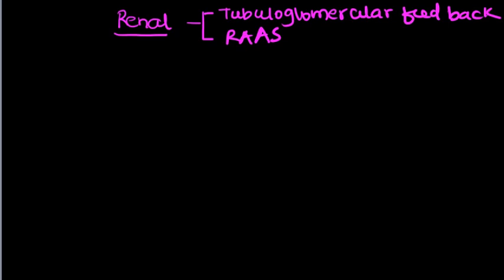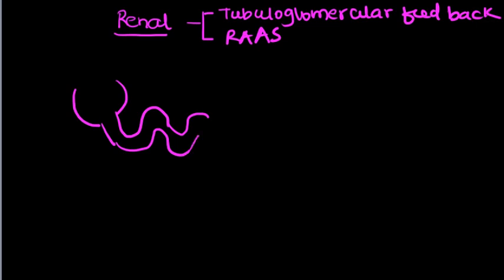But obviously, as you know, in the body everything has a purpose. Similarly, why these two systems are devised by the body is because of this. We have a glomerulus, and then you have the PCT, which is your proximal convoluted tubule.